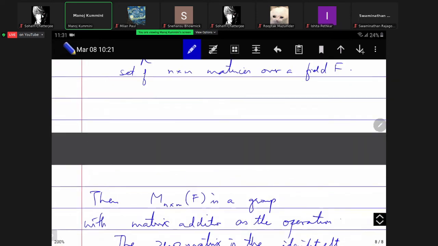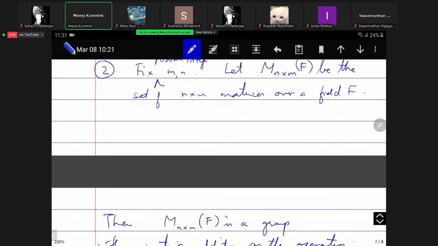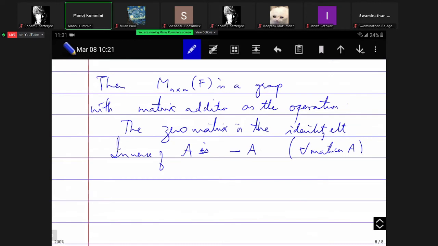So this is one example. The reason I listed this is because we can think of matrices not just as the set of matrices as vector spaces, but also as the set of linear transformations. That's why I listed this out separately.